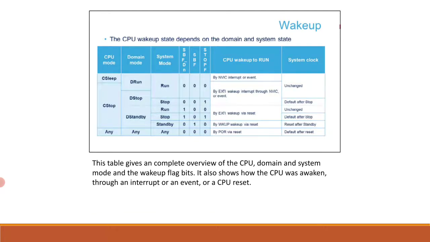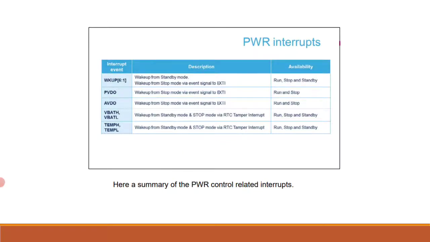Next, we'll see a summary of power control related interrupts. Have a look at it. Description was given, and availability. Then we'll talk about option bytes available.